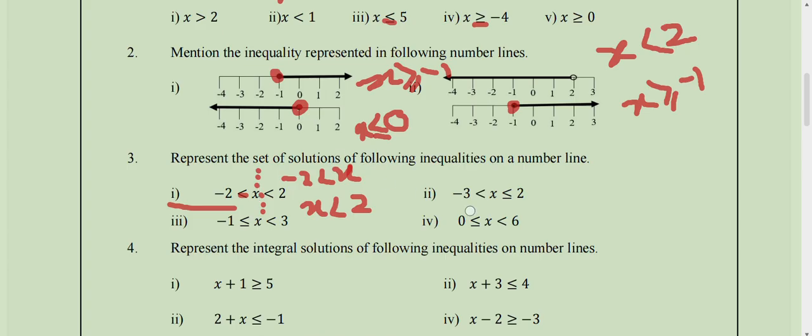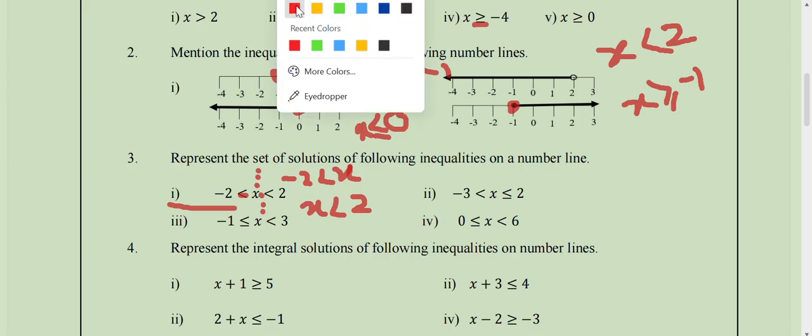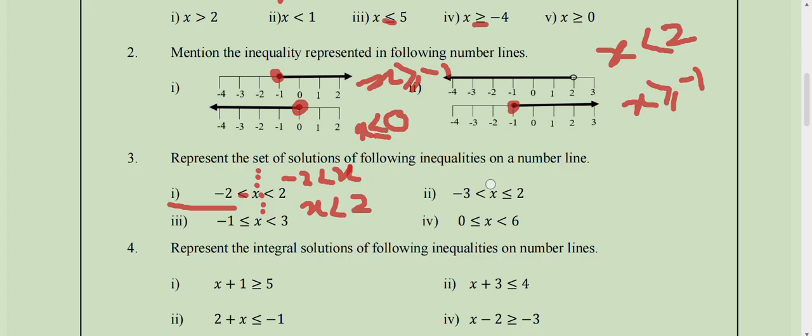Okay, now second question. Firstly, as I told, you should divide this. How do you divide?